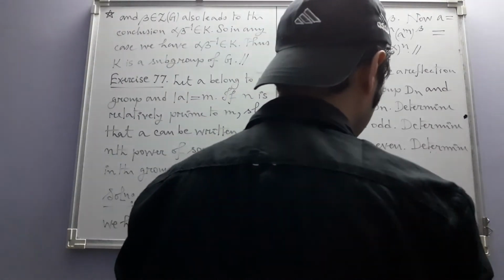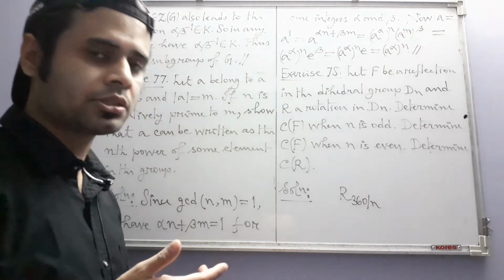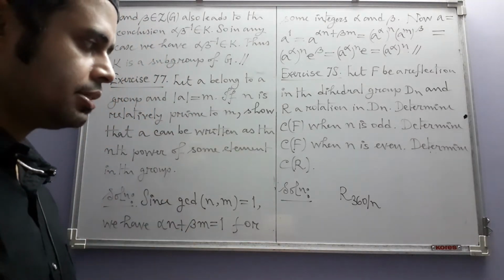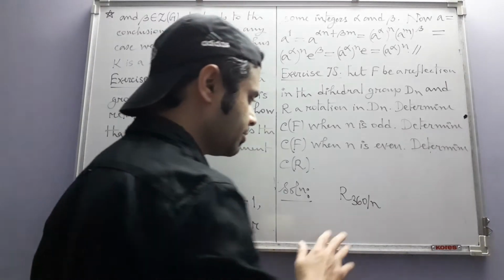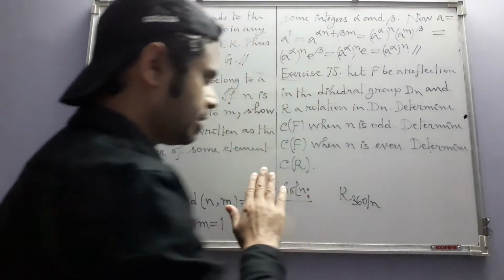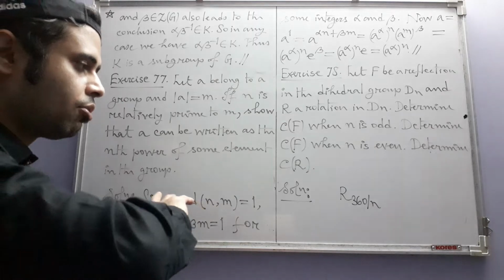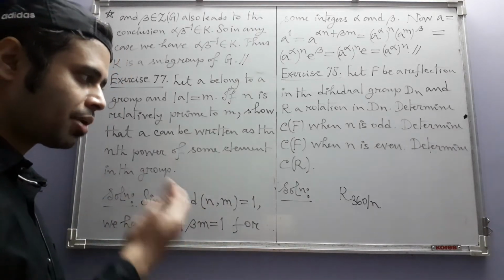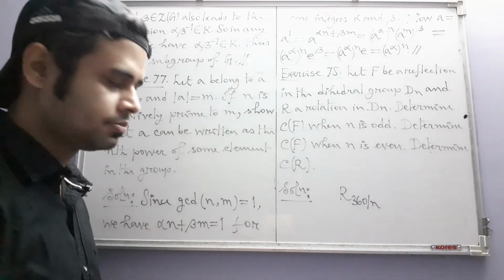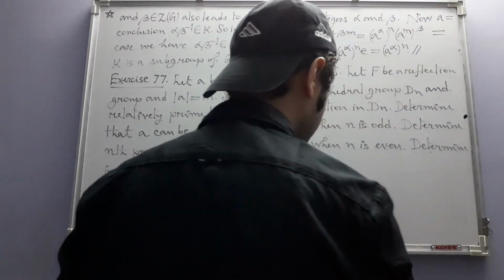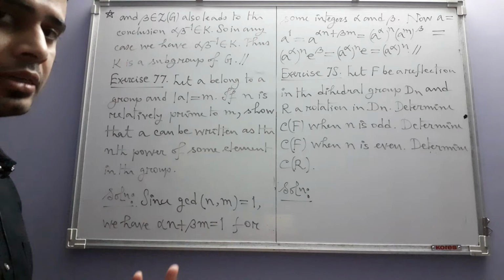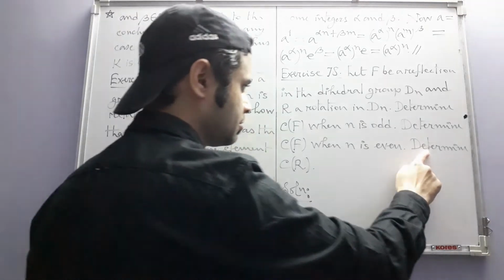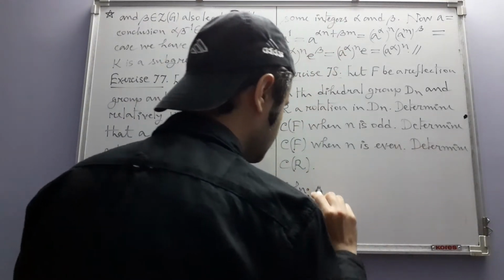That is the rotation through the smallest possible angle. That also is a symmetry of the n-sided polygon, a regular polygon, and that belongs to the dihedral group Dn. All the other rotations are powers of this. Okay, so that fact we are first going to recall, and that will tell us something about this particular exercise.